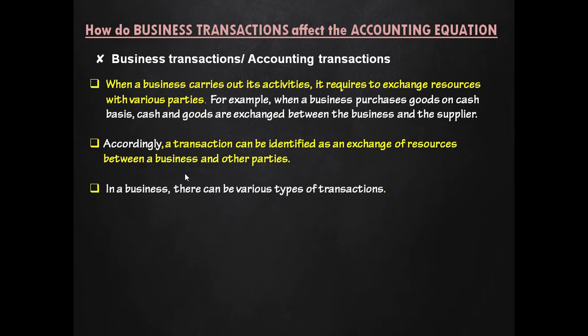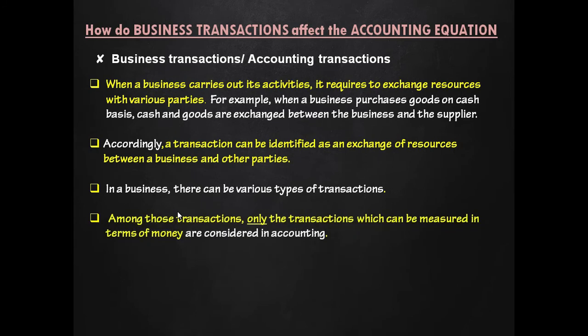In a business, there can be various types of transactions. Among those transactions, only the transactions which can be measured in terms of money are considered in accounting. So when we are talking about accounting, we take only the transactions which can be measured in terms of money.